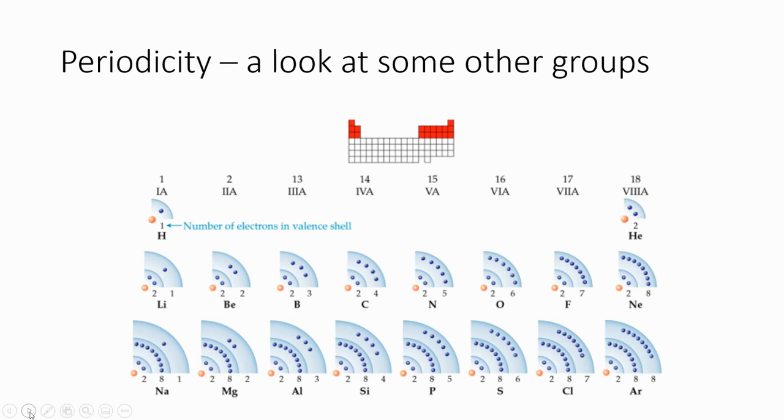Okay, so up until we get to argon, you can use Bohr's model to predict periodicity. But we're going to find, starting with the 19th element, which is potassium, things start to fall apart and you don't have the correct number of electrons in the valence shell.